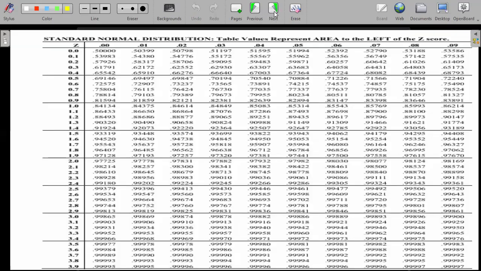So you go on the table here. Where can 0.9 be, or a number that is very close to 0.9? Maybe this number, maybe this one. Let's look at this one here.